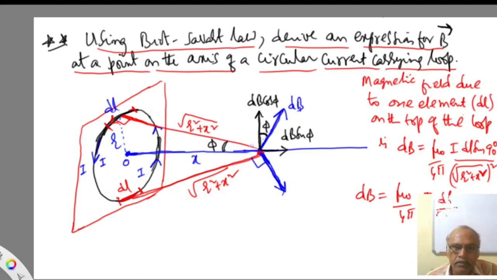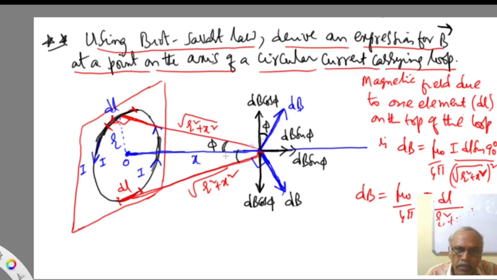Resolve this dB again into two components: one component along the axis, dB sin phi, and the other component dB cos phi. By symmetry, this angle is also phi.